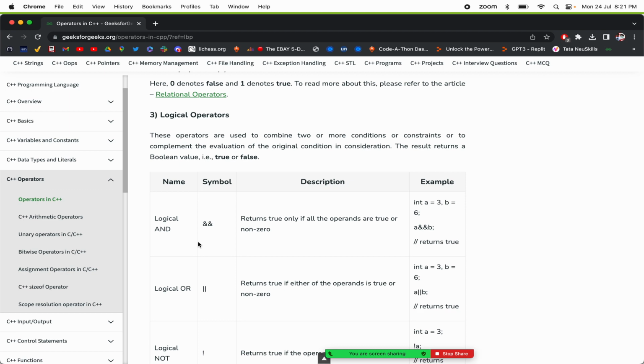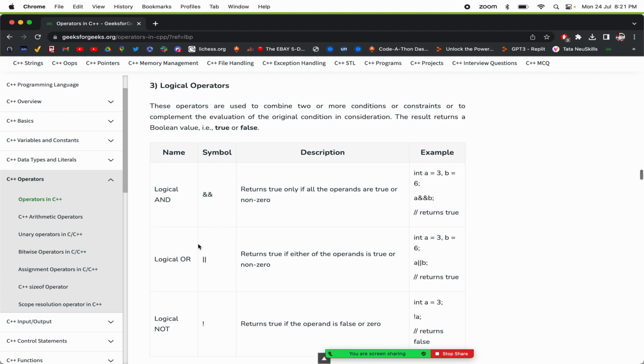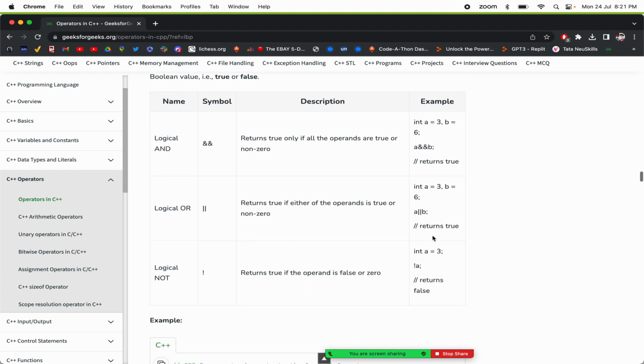Next we have logical operators. We have seen relational operators and arithmetic operators, and now we are on logical operators. These operators are used to combine two or more conditions or constraints, or to complement the evaluation of the original condition in consideration. So basically logical operators are also used for comparisons mostly.